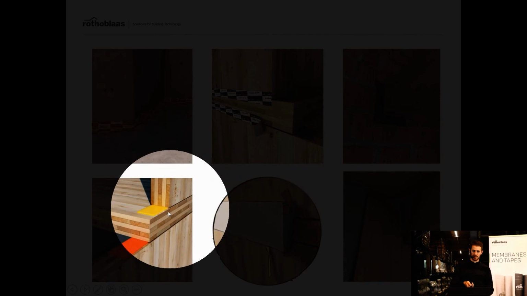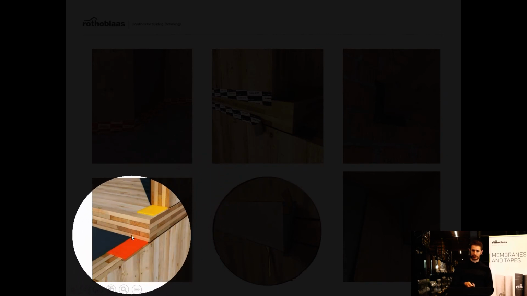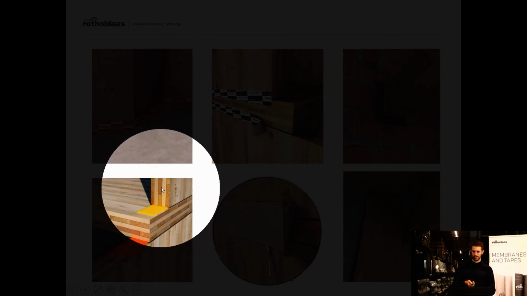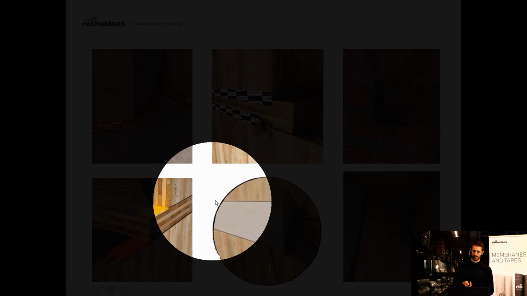Or in this other example here, you close down the gap of this beam into the structure, or you can use this xylophone, which is really mainly for noise rather than airtightness, but it is slightly airtight as well.